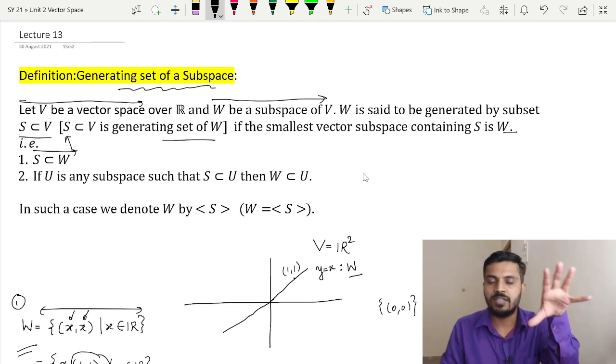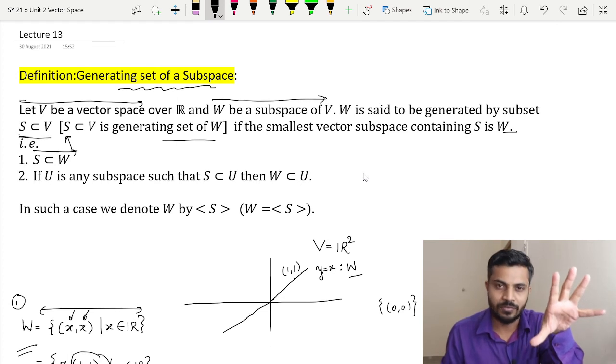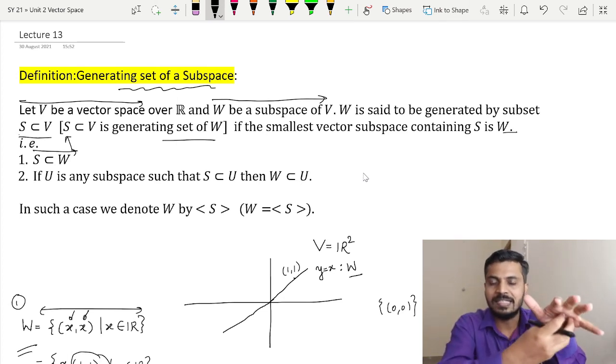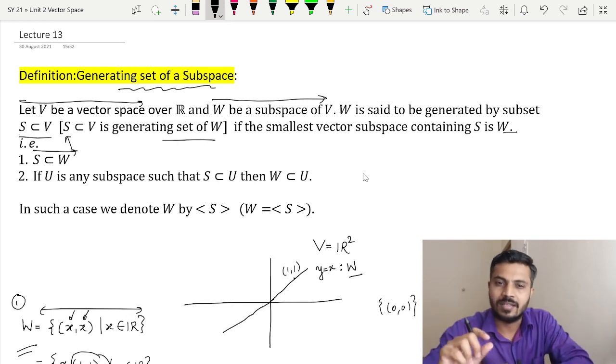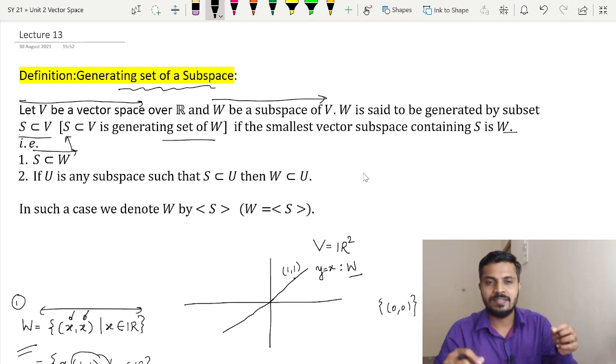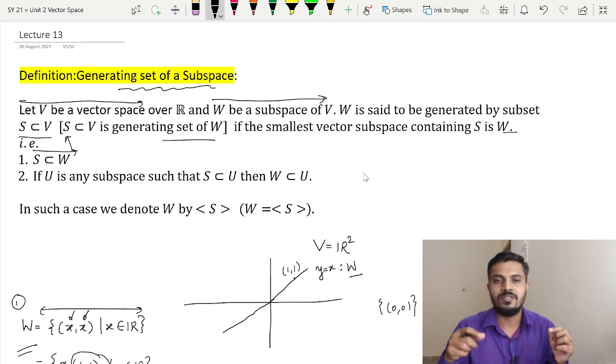So actually you are given a vector space V, you have one subspace W which is sitting inside the vector space, and you have a certain set S. Now when will this set S be a generating set of W?